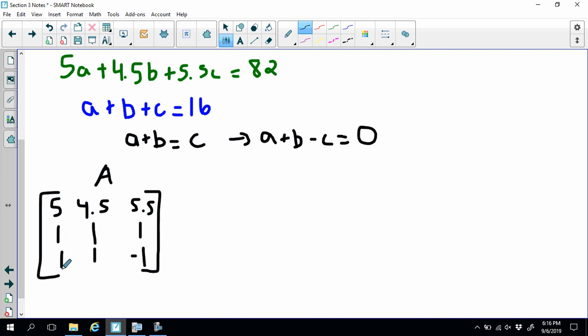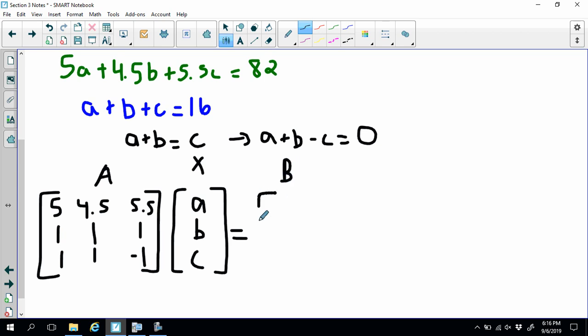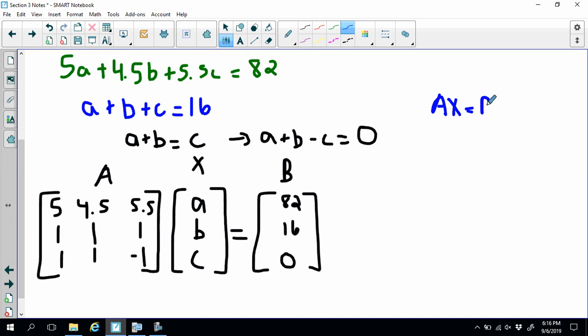Notice all the A's line up, the B's, and the C's. Now we have our variable matrix. Remember, we used A, B, and C. And that's equal to our B matrix, which is the constants. In this case, we have 82, 16, and 0. And the equation we're trying to solve is AX equals B.